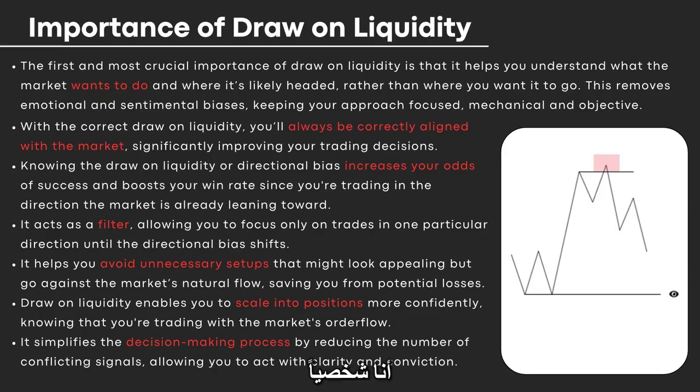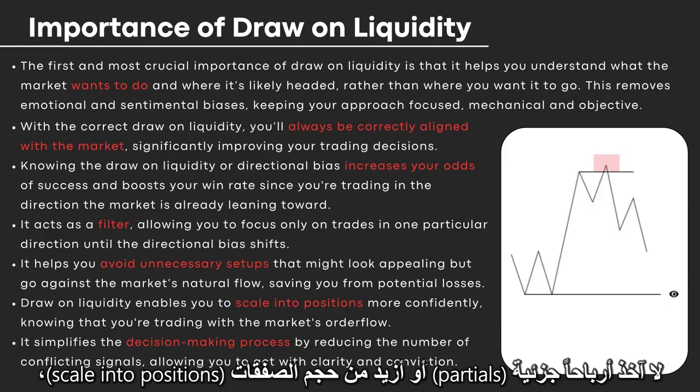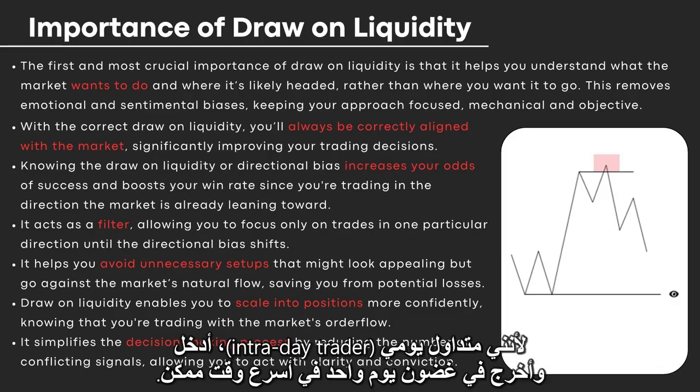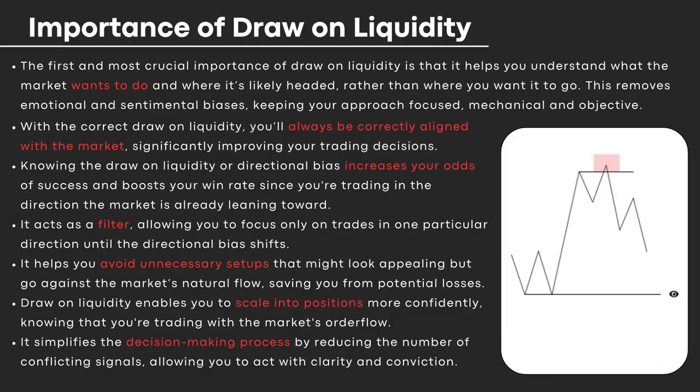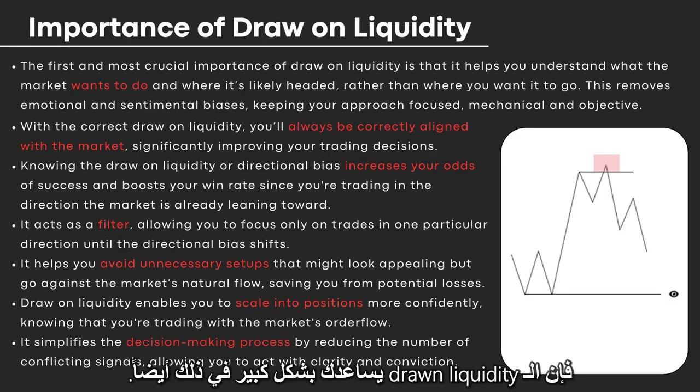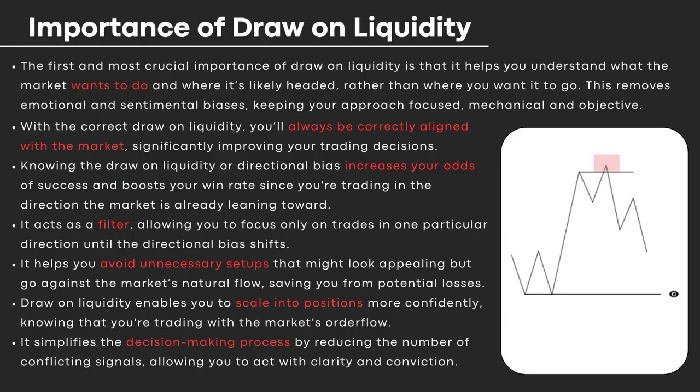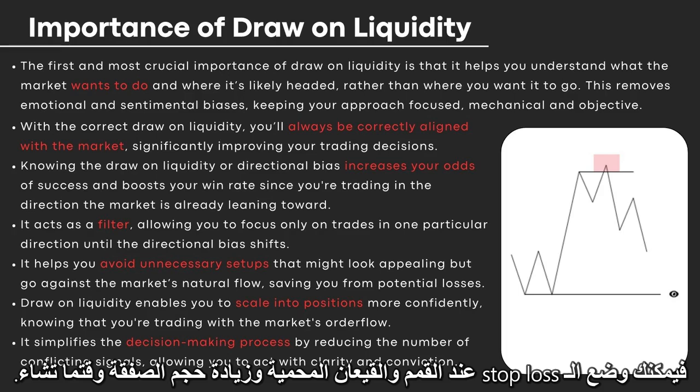Now, I myself don't take any partials or scale into positions because I'm an intraday trader and I get in and get out within a day as soon as possible. But if you are a swing trader or a trader who scales into positions, right, then drawn liquidity significantly helps you with that too. If you have your directional bias correct, then you can put your stop loss at protected highs and lows and scale into position whenever you want.